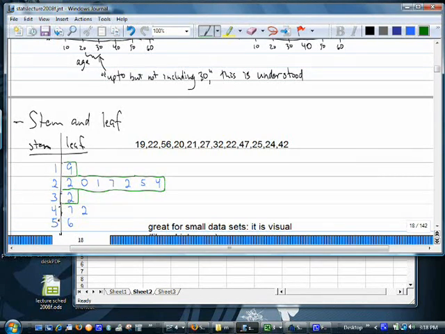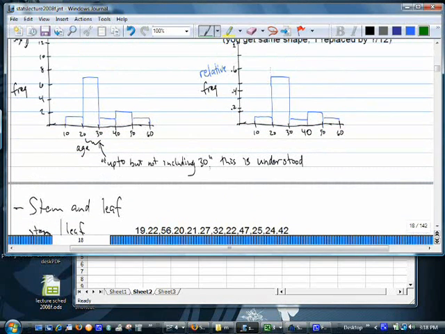But isn't it in order? How does your histogram go? It goes your 10s, your 20s, your 30s, your 40s. Isn't that how this is set up? Right. Well, you can put them in order if you want. But like someone said, it preserves all your data.